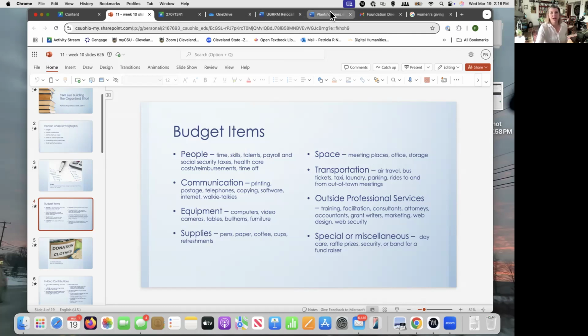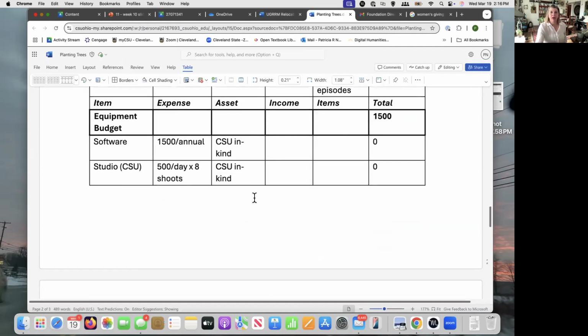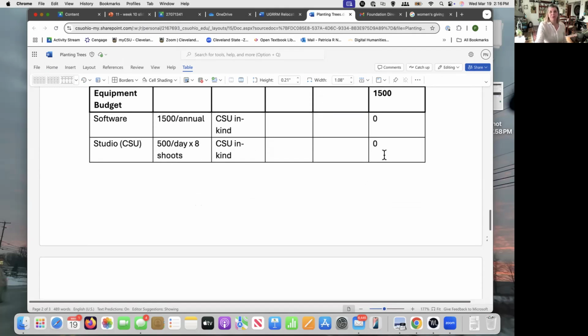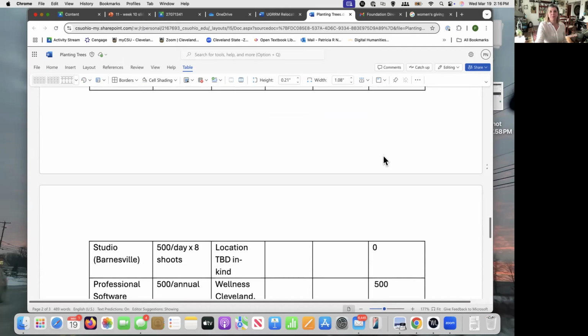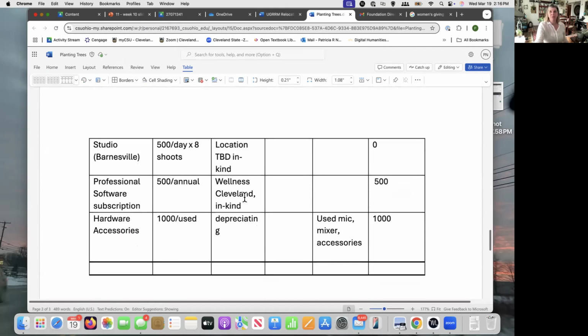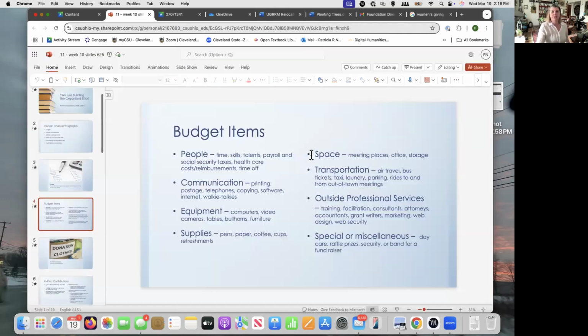Equipment: you can see on mine, there's software that CSU has, so I won't need to purchase my own. There's a studio that I could potentially shoot interviews in that would save me a considerable amount of money, so they don't go towards my budget. What will still cost me money is communication materials and supplies, professional software subscriptions, and some hardware accessories.